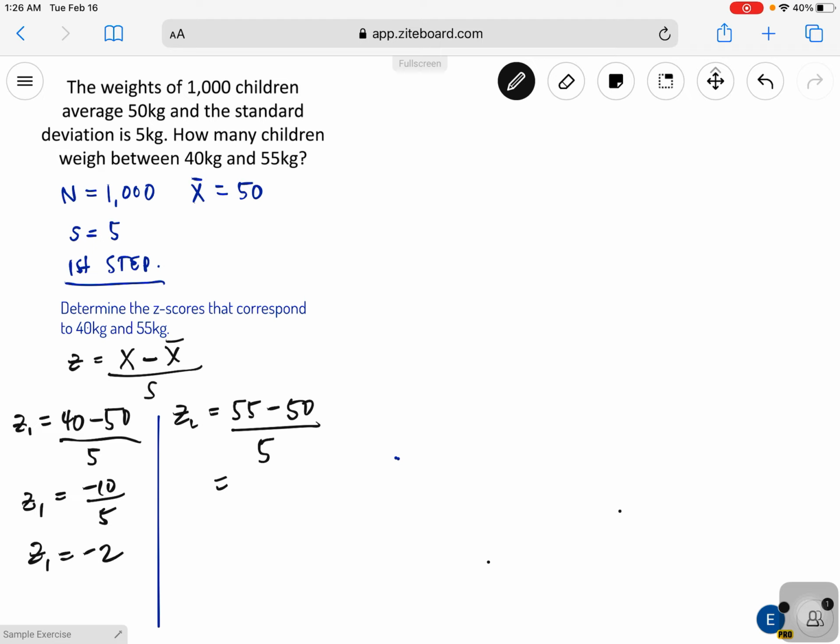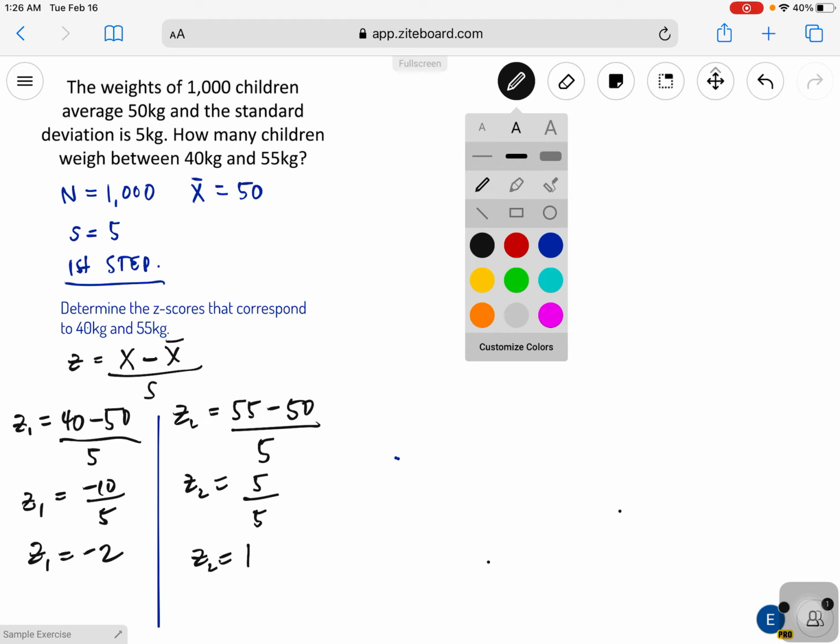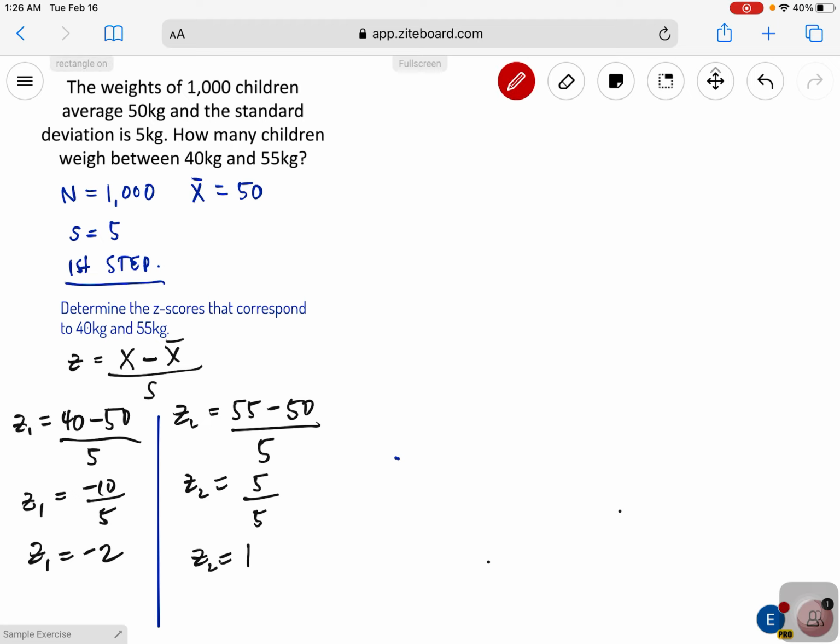Here we have 5 all over 5, so z sub 2 is equal to 1. Now let me close it in a box so that it can be guided. So that's basically the z-scores that correspond to 40 kilograms and 55 kilograms respectively.